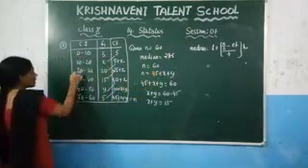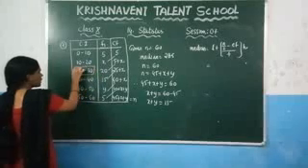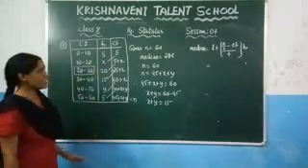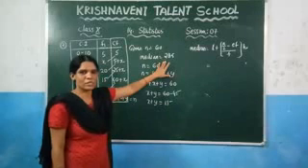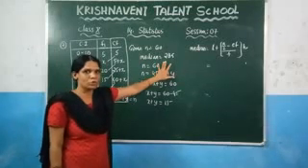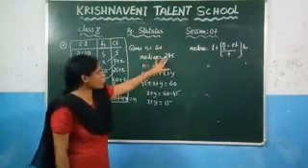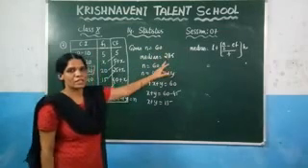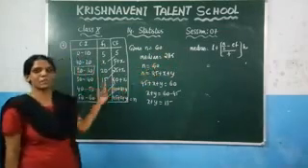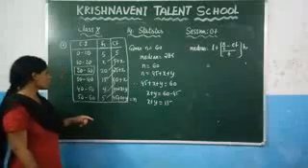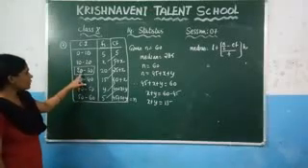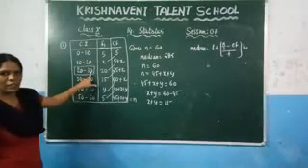Clearly you can observe that it is located in this one. They have already given the median value in the question, so there is no need to find the value of n by 2. Since the median is 28.5, just take which interval 28.5 lies in. Clearly it lies between 20 and 30.